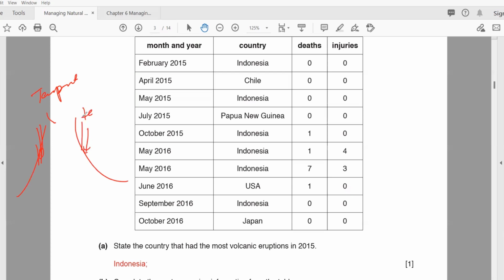Temperature sensors, and they take readings from time to time. When the temperature sensors show that the temperature is increasing, it is an indication that the magma can come out.